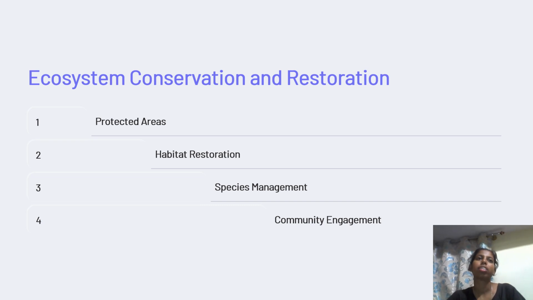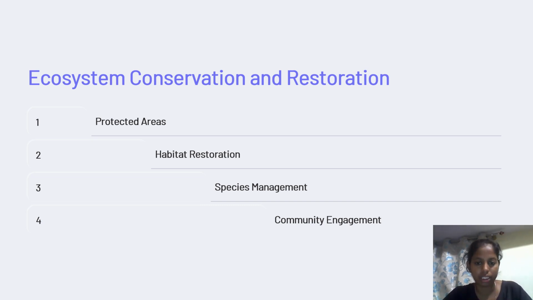By protecting forest areas with forest management policies and regulations, we can get a balanced ecosystem. And also habitat restoration, where people will migrate to other places due to climate change and so on. So habitat restoration can be done for a balanced ecosystem and species management.